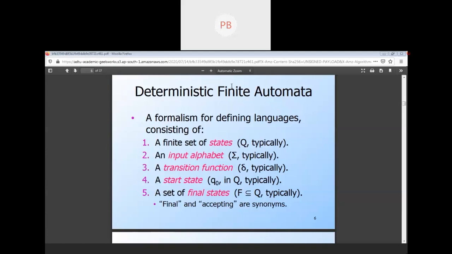Is it okay? That means we have two sets M and N, and we can say that M is a subset of N when everything available in M is also available in N. Suppose M has 1, 2, 3 and N has 1, 2, 3, 4, 5. In M there are 3 elements, in N there are 5 elements.